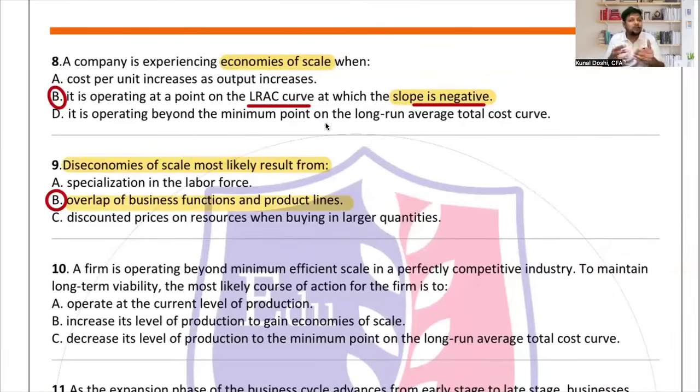So many approvals, so many departments, that is lagging the work. The best example of diseconomies of scale are government institutes. I'm talking about our country, okay? In India, and many other countries, where department to department approval takes a lot of time compared to private companies, which are super fast.